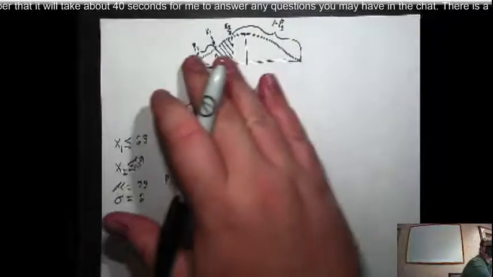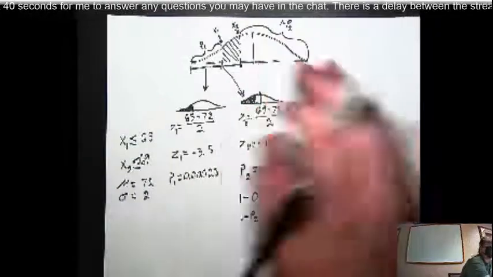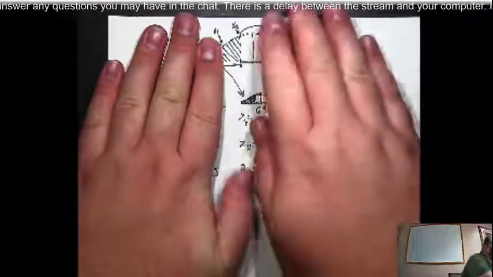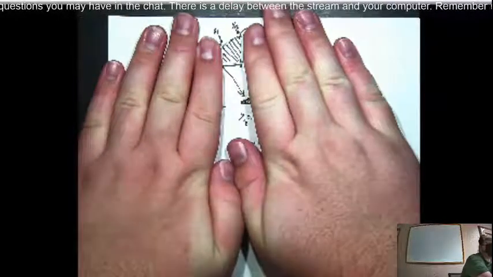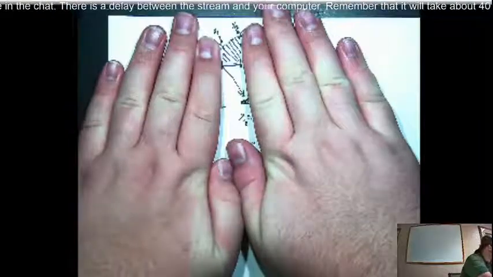Now remember that the entire set of data represents a probability of 1. So if we subtract P1 and subtract P2, or 1 minus P2, it should give us just what's in the middle, right?